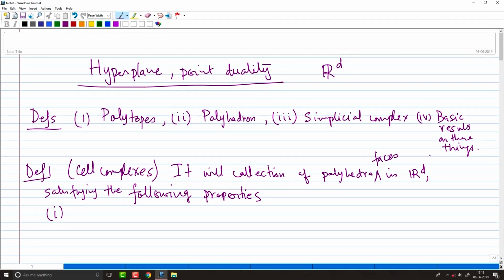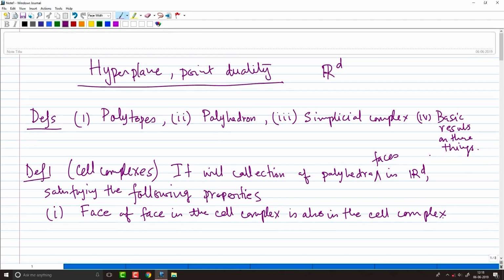So it will have this property: a face of a face in the cell complex is also in the cell complex. This is not a tongue twister anyway. What it means is what we had for simplicial complexes: if a simplex is present, always its faces are present.